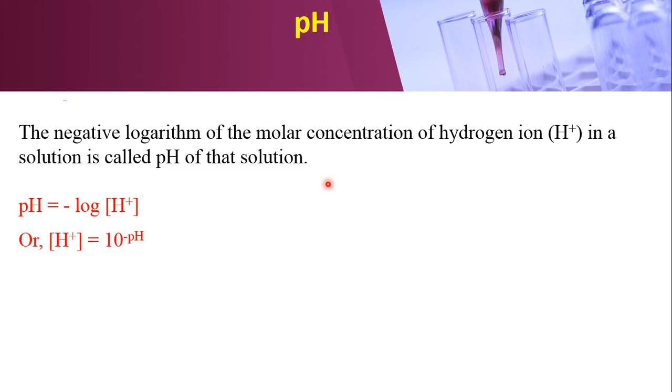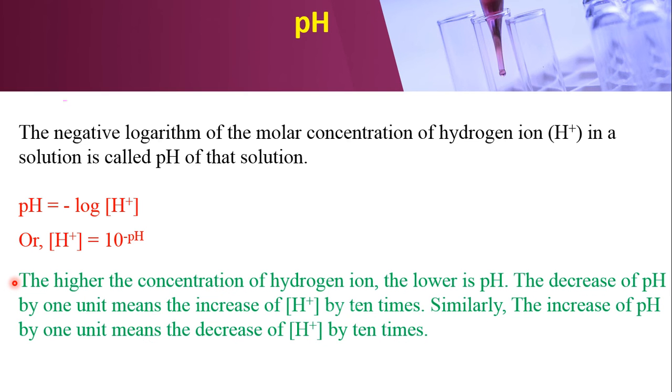Here, if anyone knows the pH of a solution, he can also find out the concentration of hydrogen ion by using this formula: concentration of hydrogen ion equals 10 to the power minus pH. So from these two equations, we can tell that the higher the concentration of hydrogen ion, the lower is the pH.